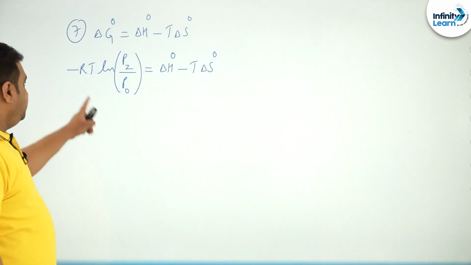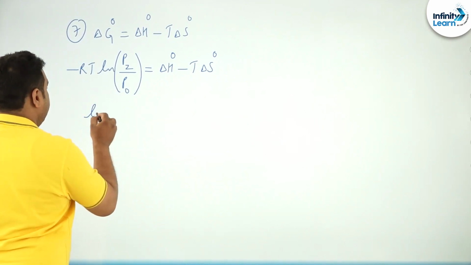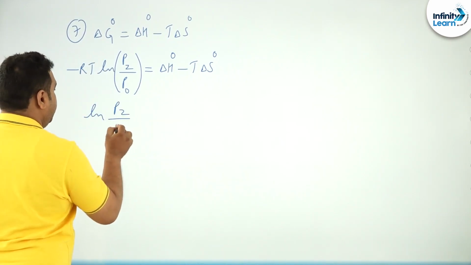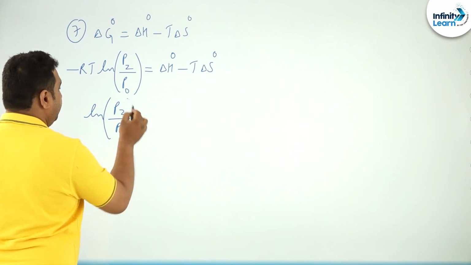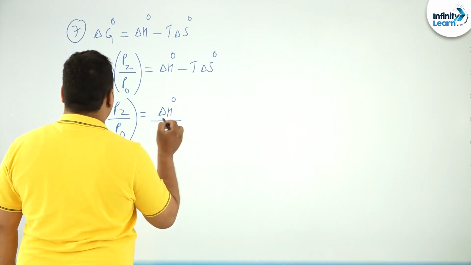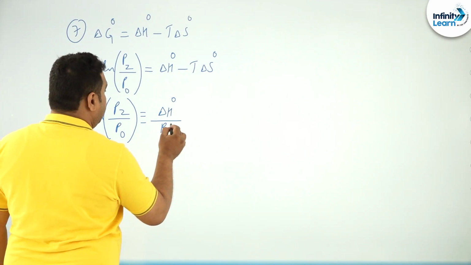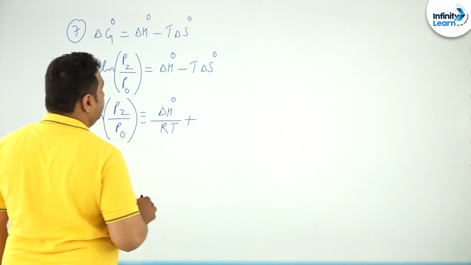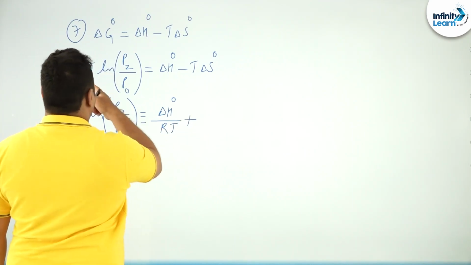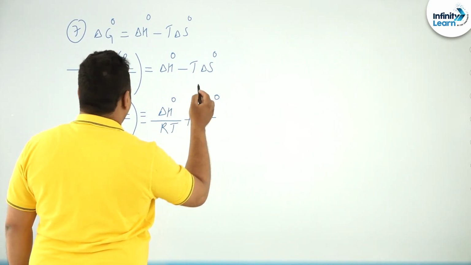Now to remove this minus RT, you have to divide the whole by minus RT. So you are going to get ln Pz by P naught is equal to delta H naught by RT, the minus sign becomes plus, minus into minus is plus, and delta S naught, T cancels, and what is left over is R.